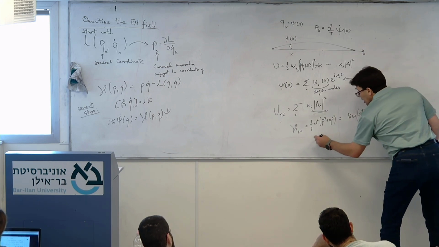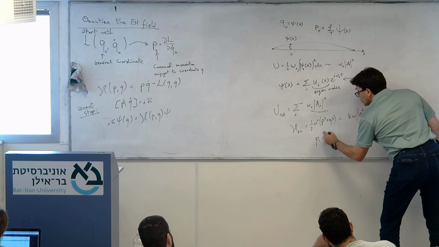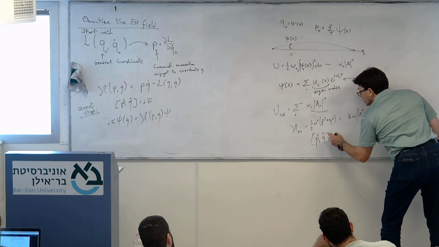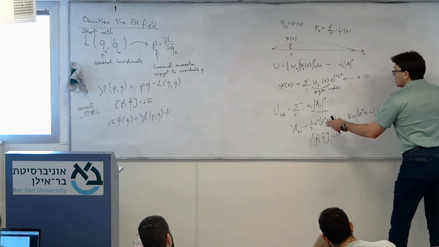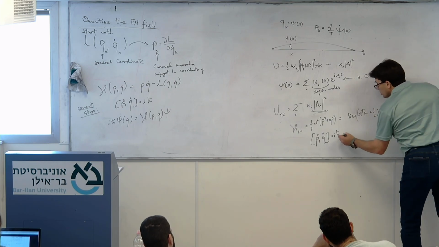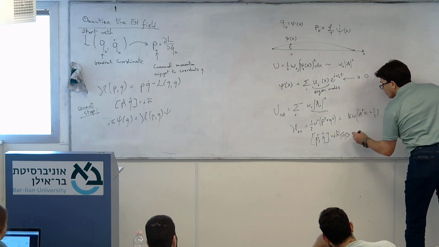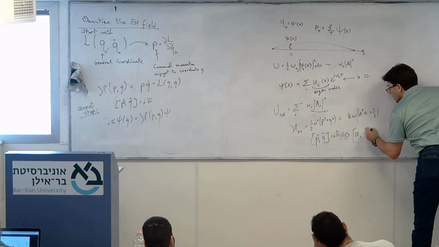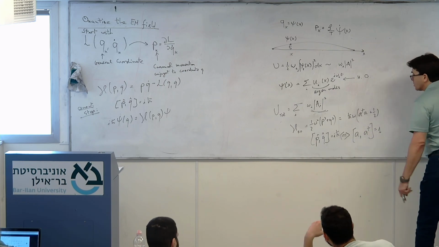The fact that I quantized P and Q as quantum operators with a canonical commutation relation is exactly equivalent to saying that the commutation relation of A and A dagger is 1.